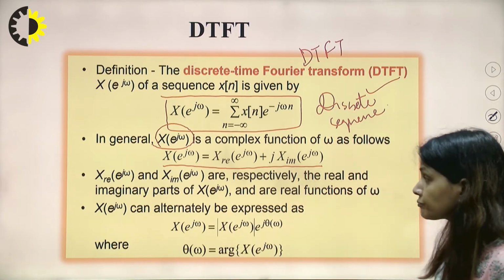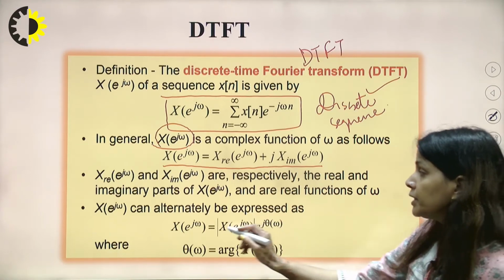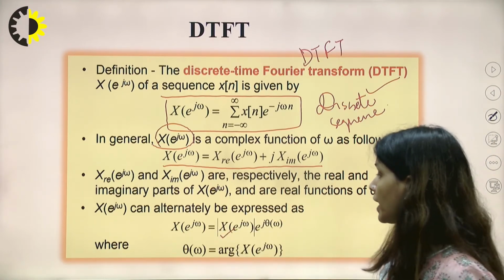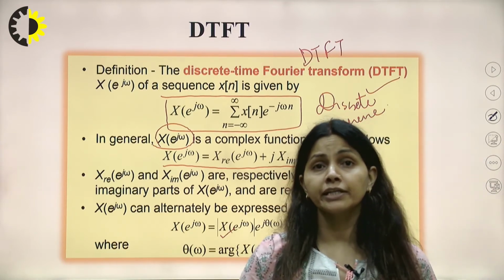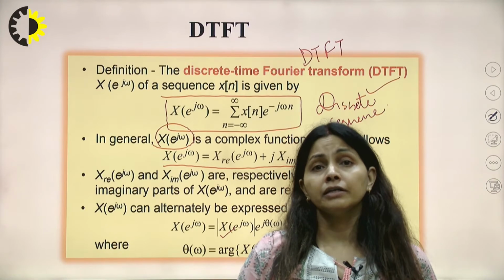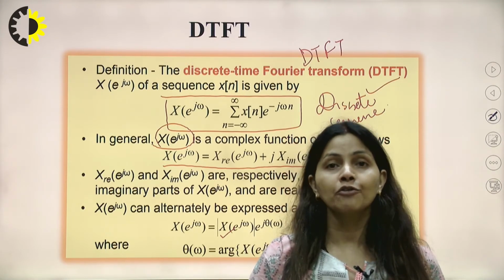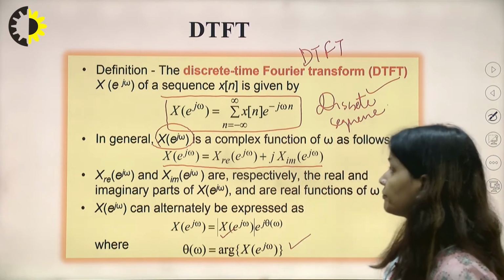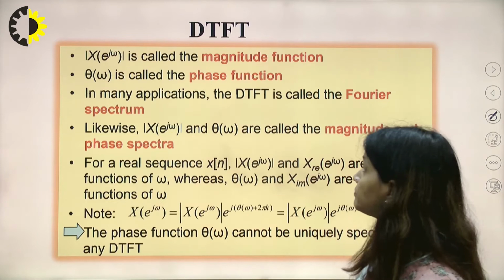Now the magnitude will be the mod of X(e^jω), and the angle would be the argument of X(e^jω), that is tan inverse of the imaginary part of X(e^jω) upon the real part of X(e^jω). So here we can define the DTFT as follows.